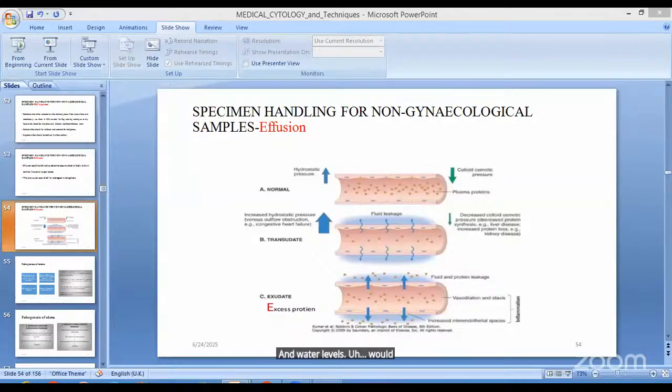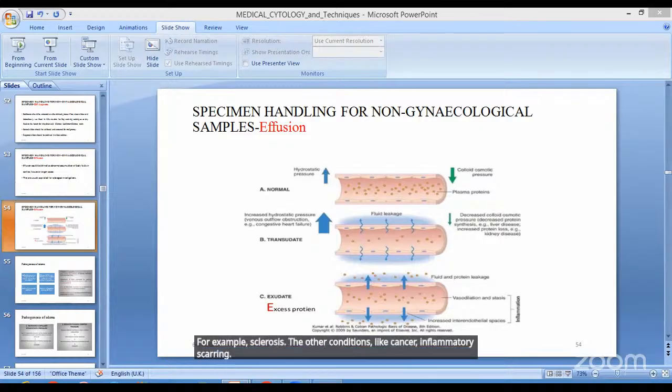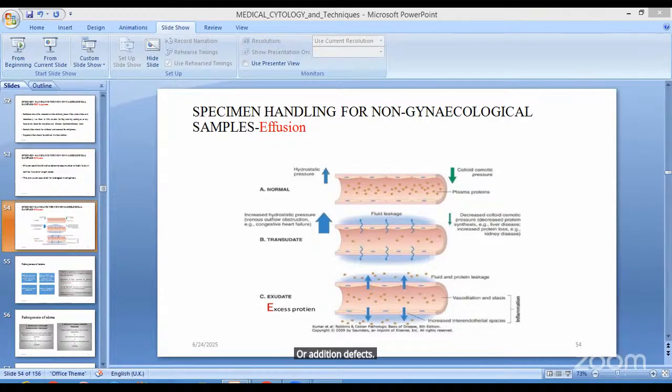There will be albumin loss, and nephrotic syndrome will arise. You have liver disease, for example, cirrhosis. The other conditions are cancer, inflammatory scarring, or radiation effects. All this presents during edema.